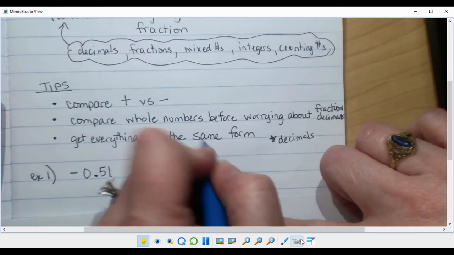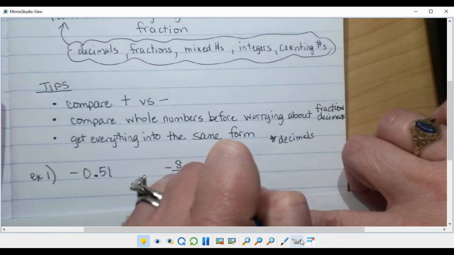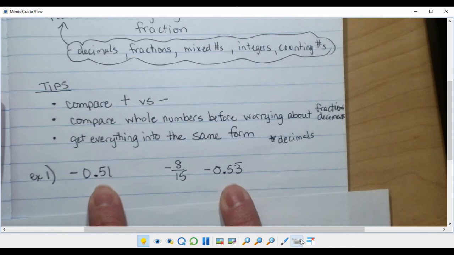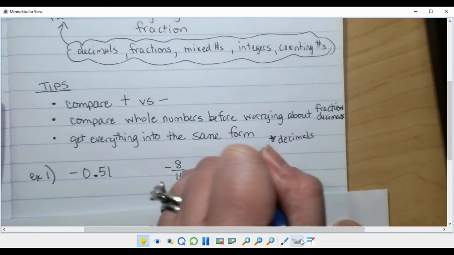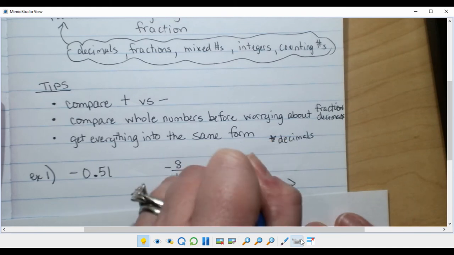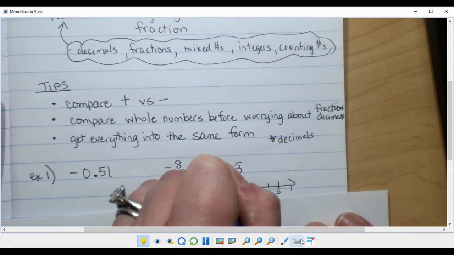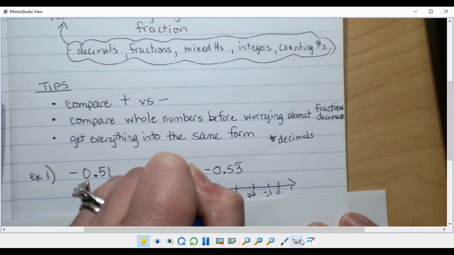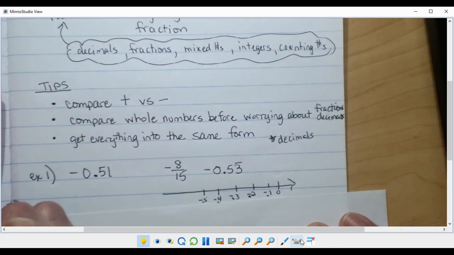So this is negative 0.53 repeated. So we've got two negatives. If I was going down my number line, let's say here's 0, and here's negative 0.1, negative 0.2, negative 0.3, negative 0.4, negative 0.5.